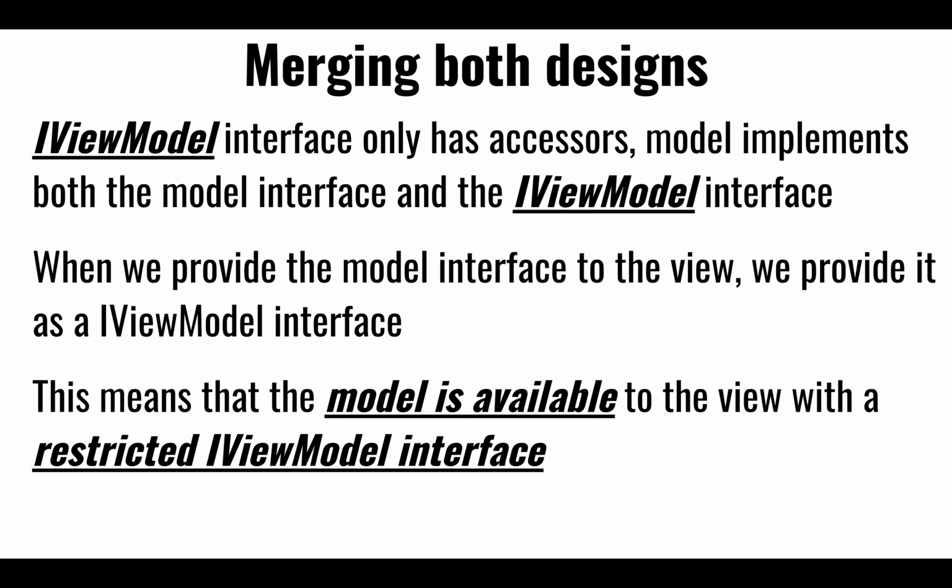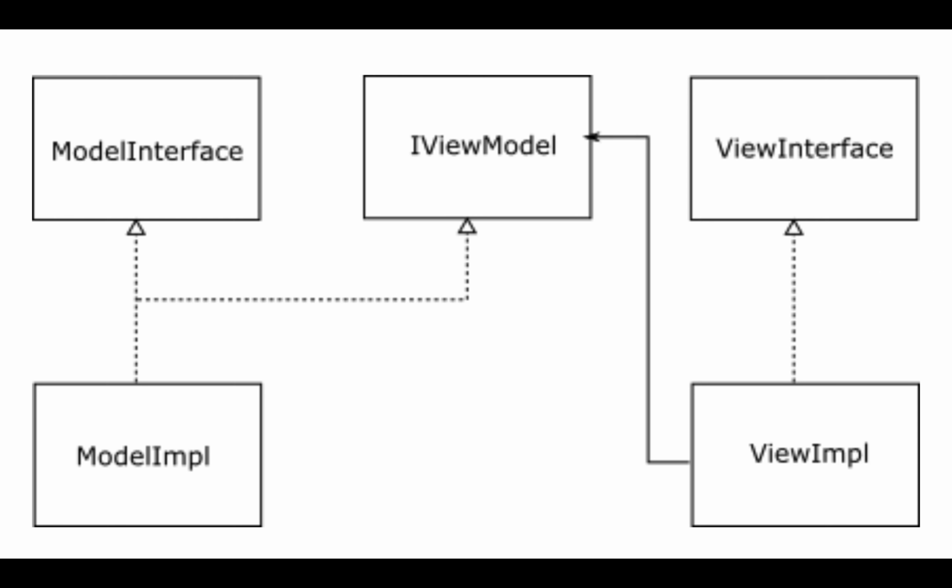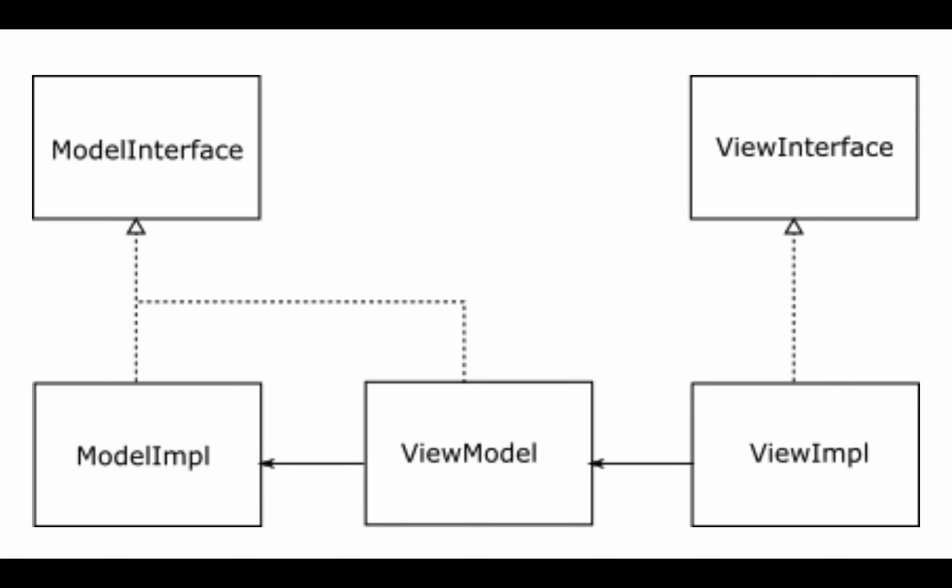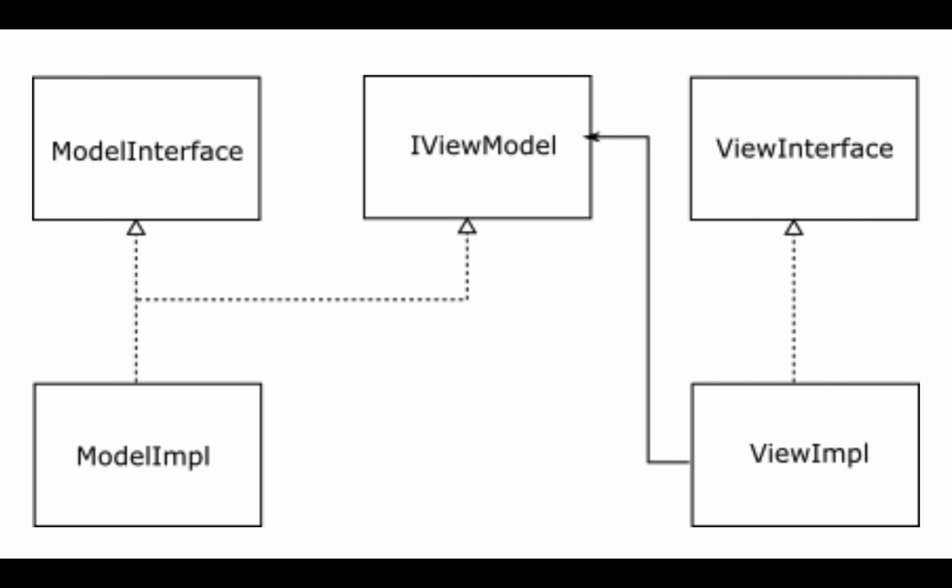Or what we could do is invert the whole thing. Instead of the view model implementing the model interface, we could have the model implementation implement the view model interface, the other way around, like this. The model implementation obviously is implementing the model interface. It has access to all the setters and the getters and all the mutators.